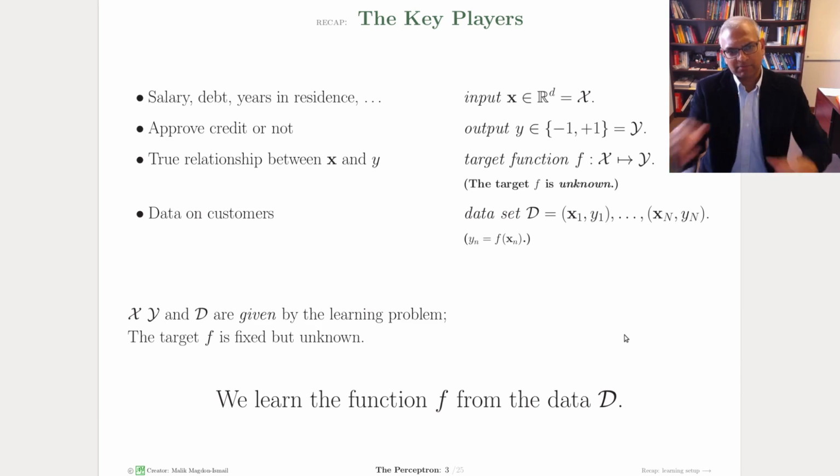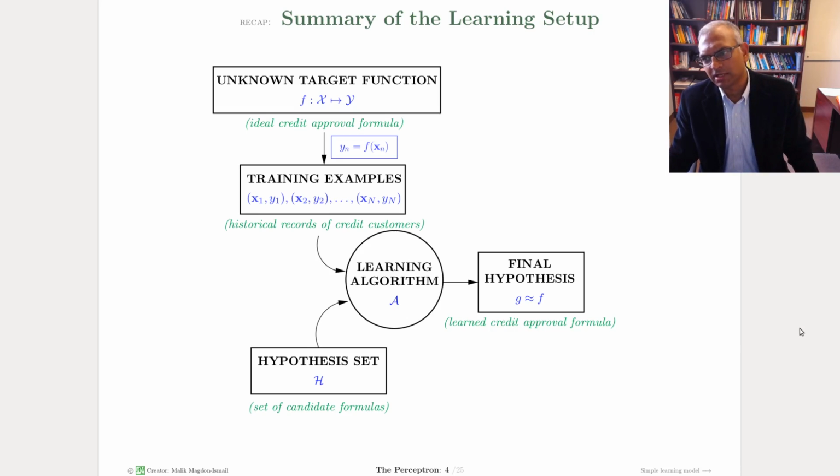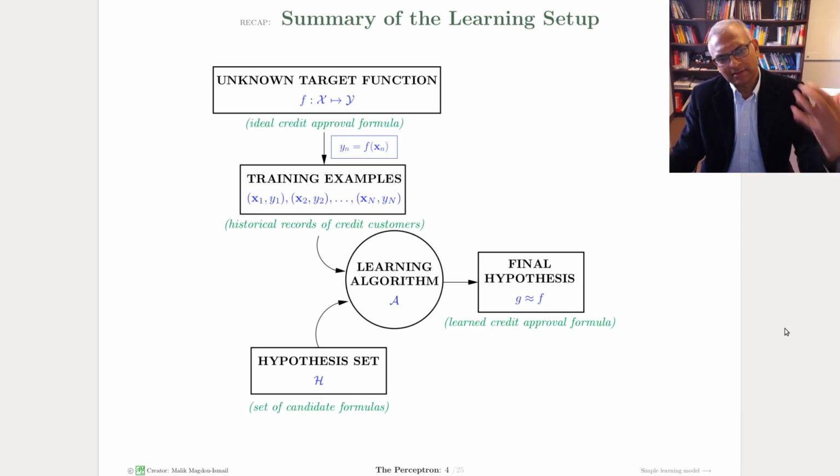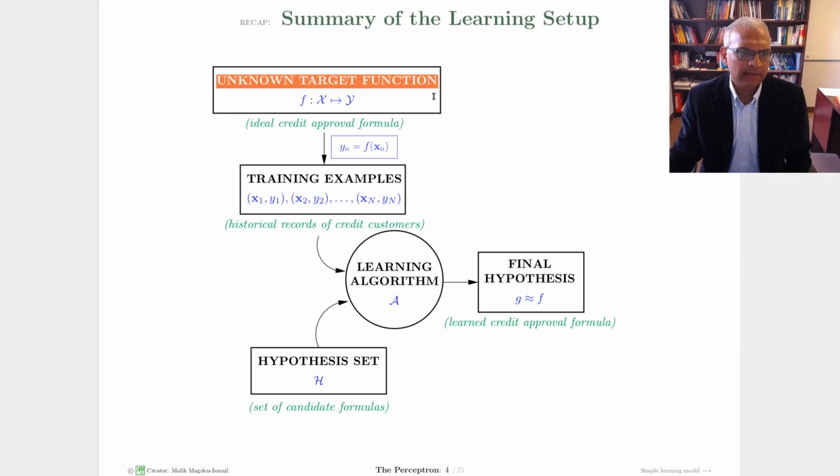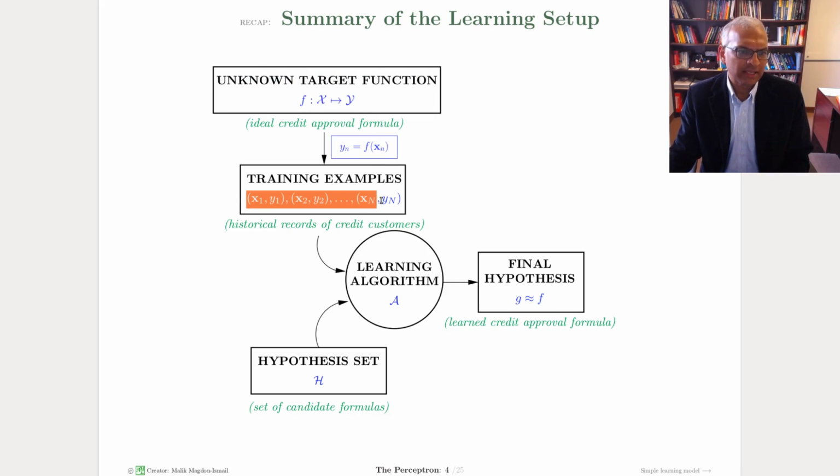Okay, so that's the setup of the machine learning problem, and we summarize that in a flowchart. In terms of step by step, how can we view the entire machine learning process from start to finish? The whole process starts with an unknown target function, f. For example, it's the ideal credit formula in credit approval. This ideal target function is used to generate the data set.